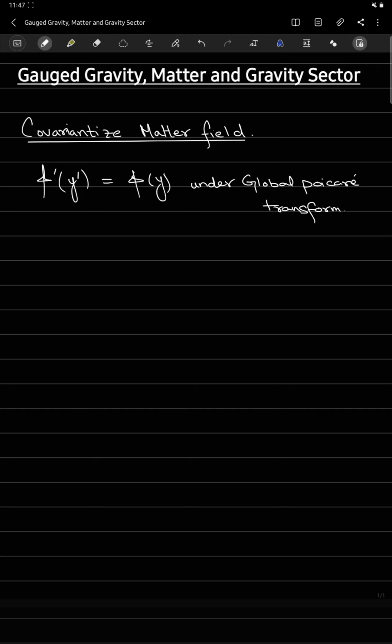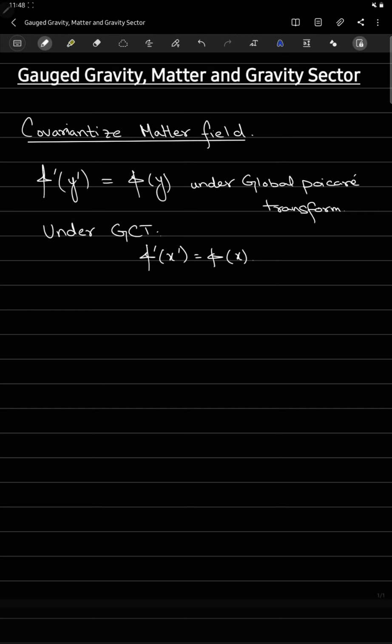So this transformation law can be readily promoted to the transformation law under GCT, which was general coordinate transformations. So I can just write it as phi prime of x prime is equal to phi of x.